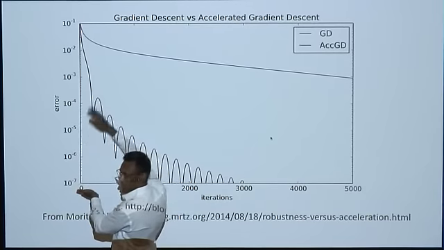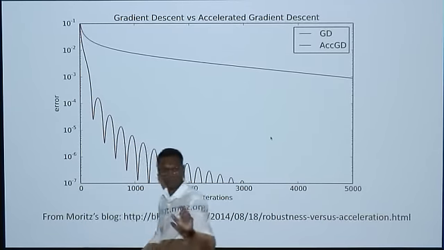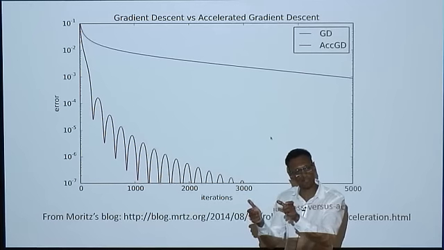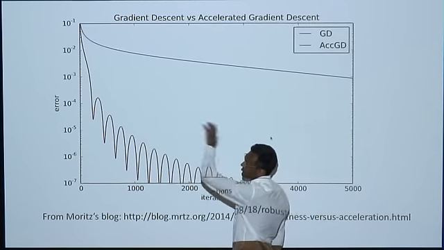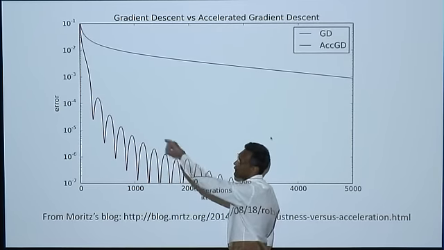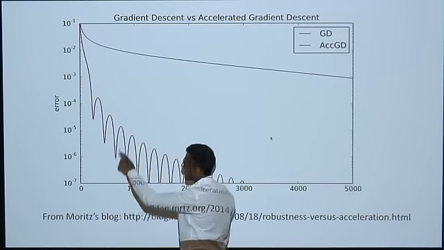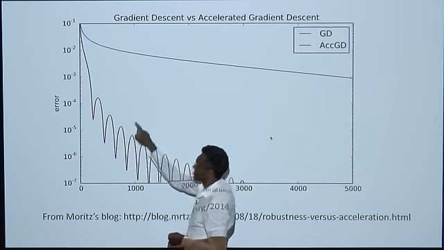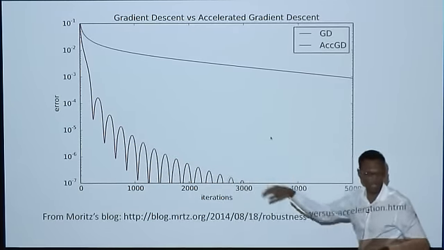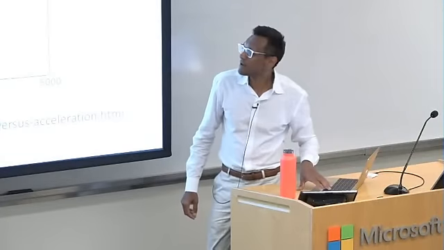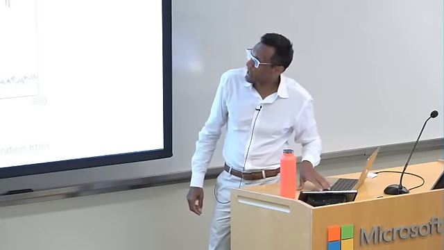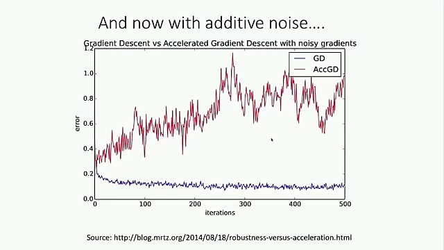This is log of the difference between your function value and the optimal function value. So both are kind of converging linearly, but the rate is much better for the acceleration scheme, but it's not improving the performance at every step. It looks kind of unstable, and as many people try, if you just add a little noise into it, oftentimes it just goes completely haywire, whereas gradient descent is stable.